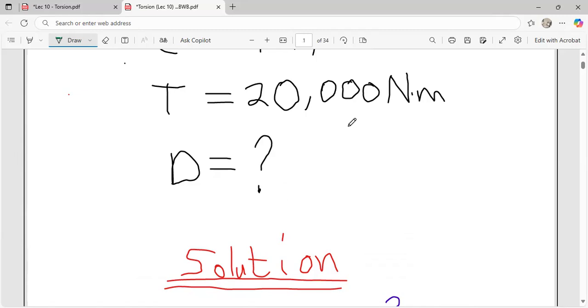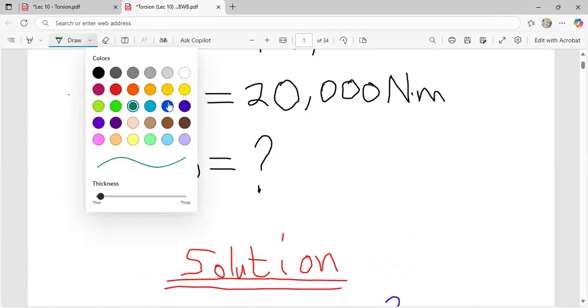But in this case, we are looking for the diameter. Before we can use that, we have to convert it back into Newton millimeter. If you want to convert the 20,000 Newton meter into Newton millimeter, it means that we have to multiply it by 1,000.